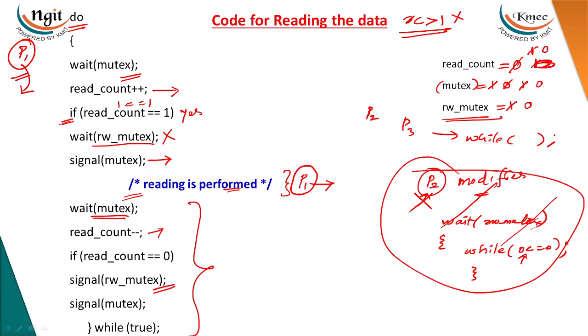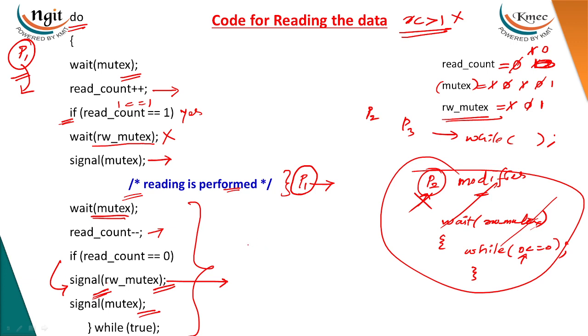Then, because it doesn't want to write, it releases signal, so that read write mutex goes 0 to 1 again, and it releases the mutex value again, 0 to 1.